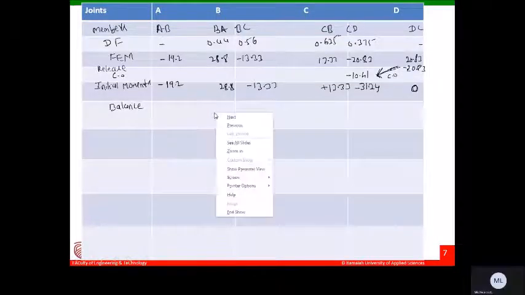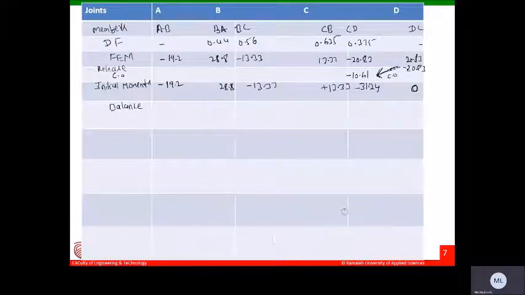Then what I have to do? Take the summation of movement at the intermediate support, multiply with the respective distribution factors, change the sign, write down the values.